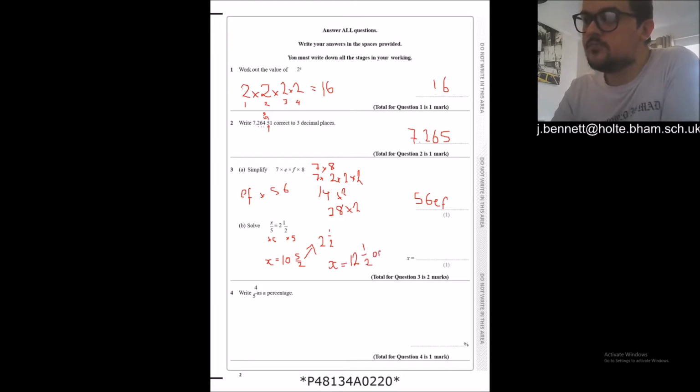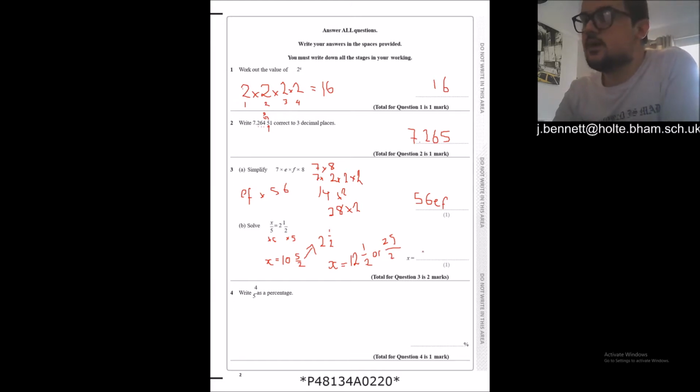Or, and you can work this out by multiplying the 12 by the denominator and adding the numerator. 25 over 2, because 12 times 2 is 24, plus 1 is 25. So you can put either of those as the answer.